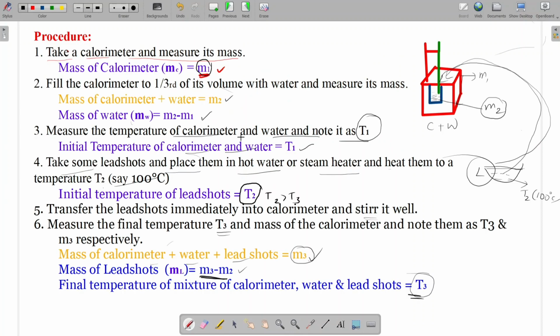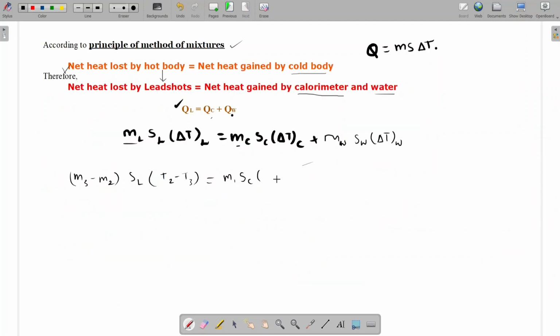Initially the temperature is T1 and the final temperature is T3. As it gained heat energy, T3 will be greater than T1. So you can write the change in temperature as T3 minus T1, plus mass of water.